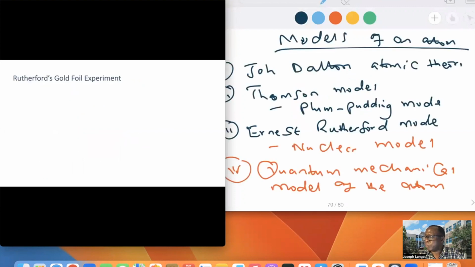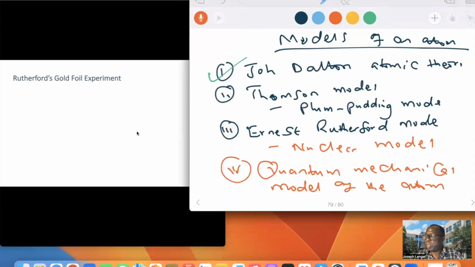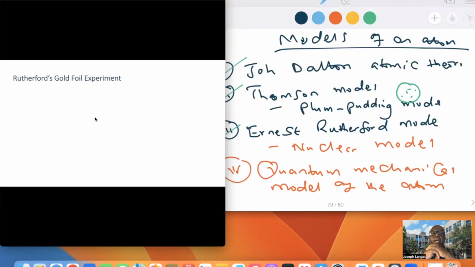So here, we have looked at Dalton's atomic theory and Thomson's model of an atom, which is like a sphere. Now, let's move on to Ernest Rutherford. What Ernest did was he performed an experiment building on J.J. Thomson's work.